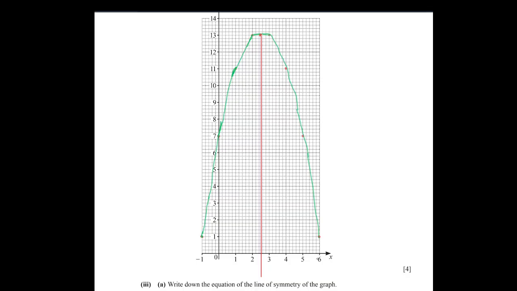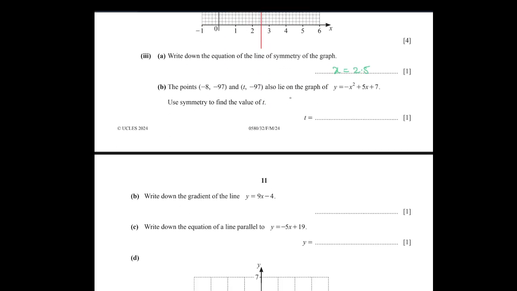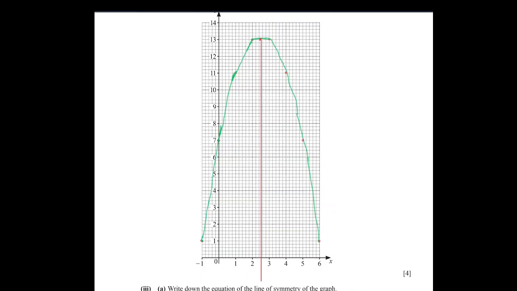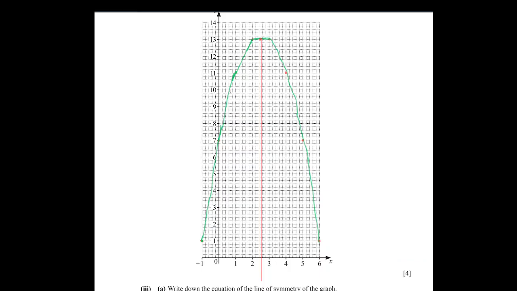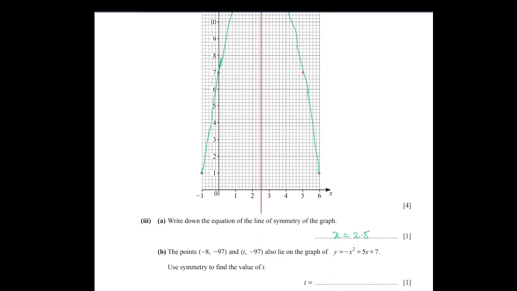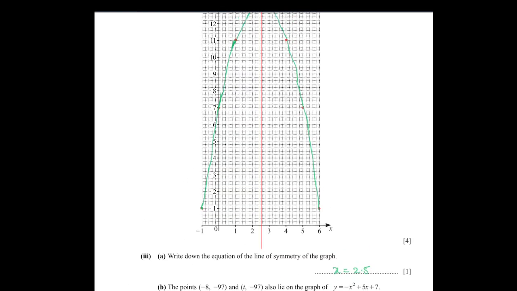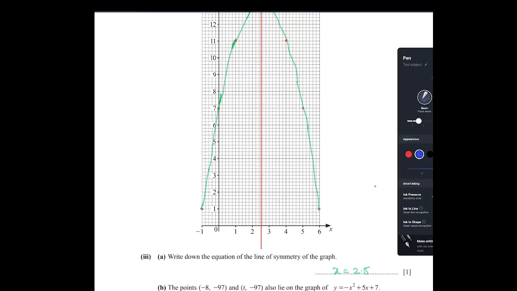So -8. What is the symmetry? You will check the points. When this graph goes down to -8 and up to -8, how is the graph changing?